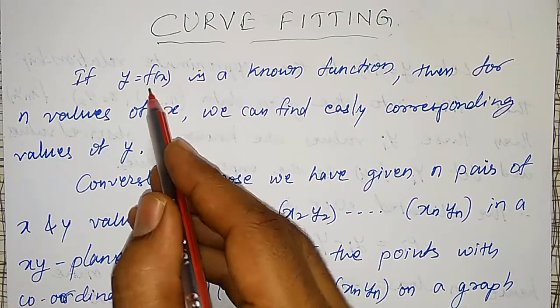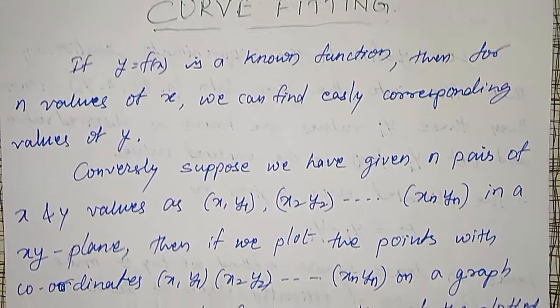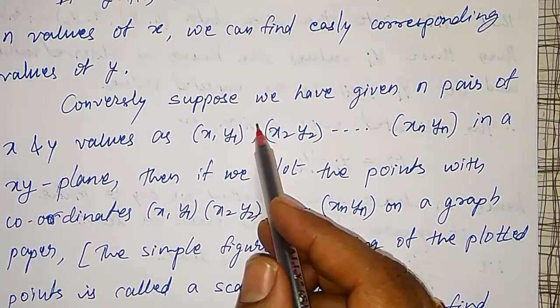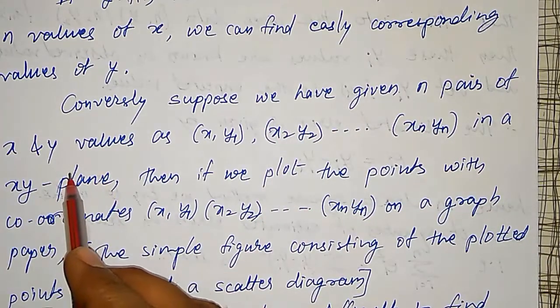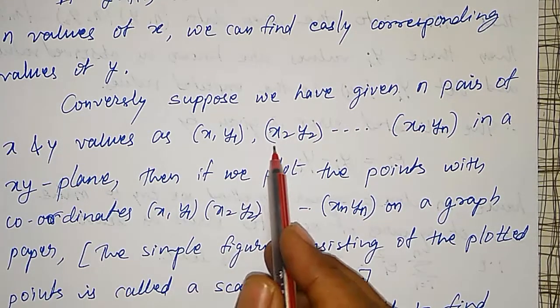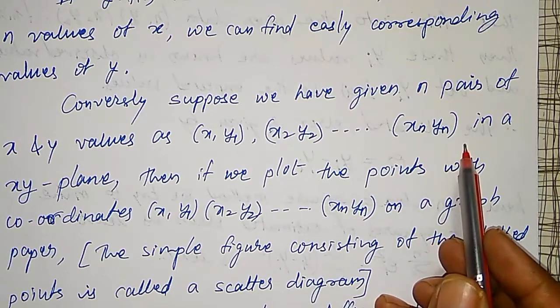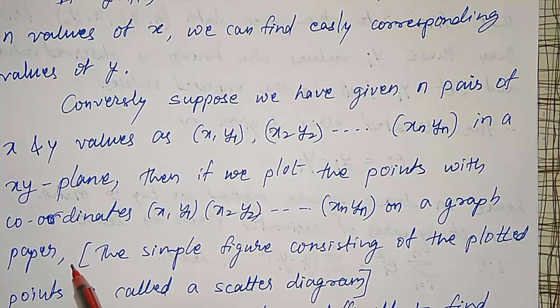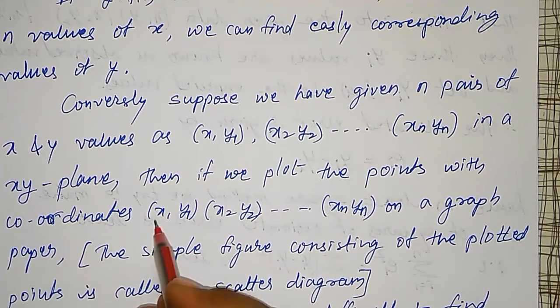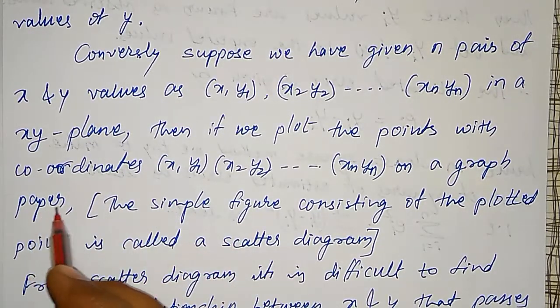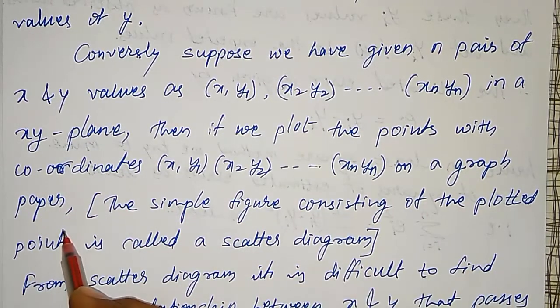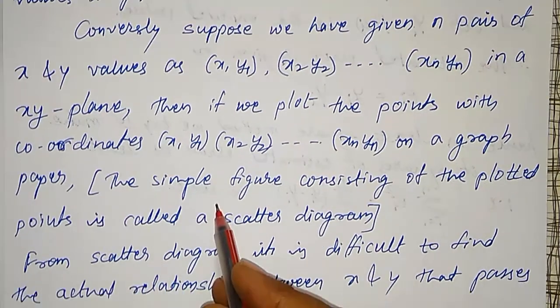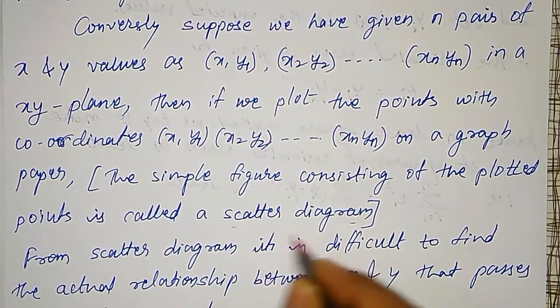Now, conversely, suppose we have n pairs of x and y values, x1, y1, x2, y2 and xn, yn in the xy plane. If we plot those points on a coordinate axis using graph paper, that graph is known as a scatter diagram.